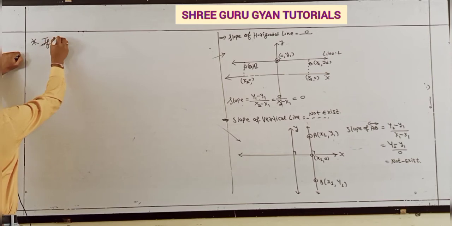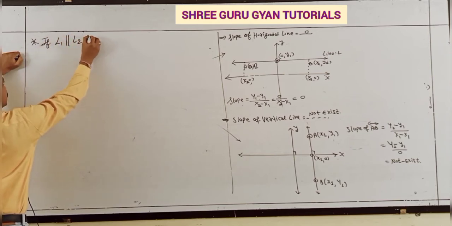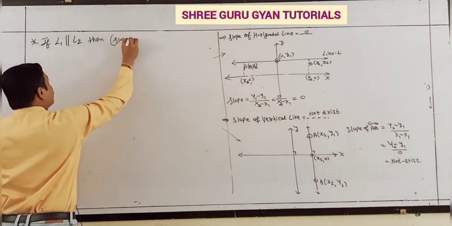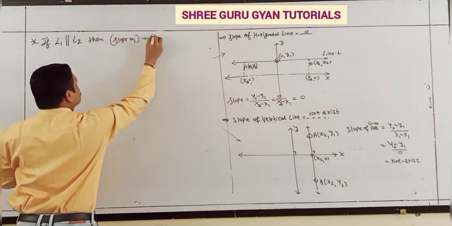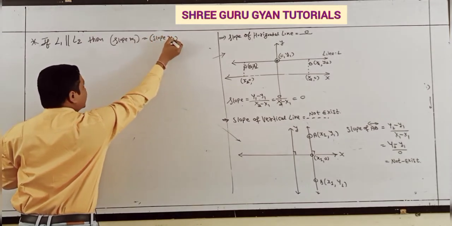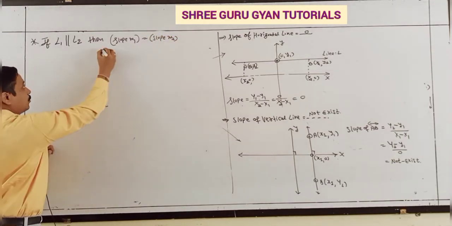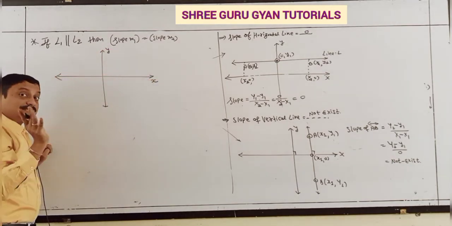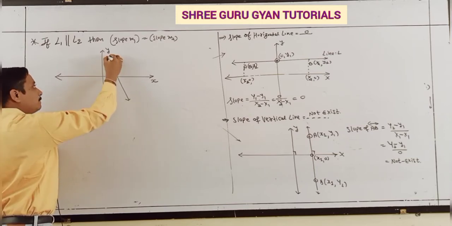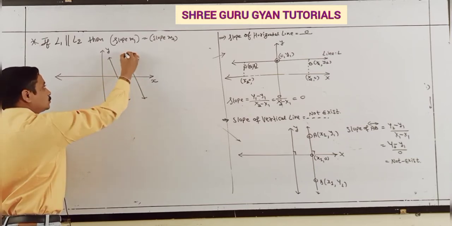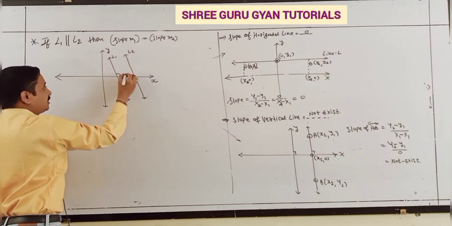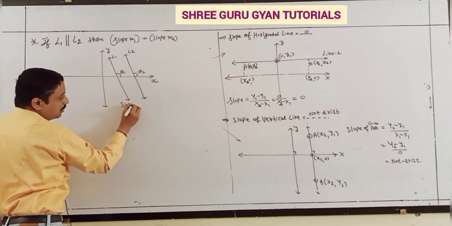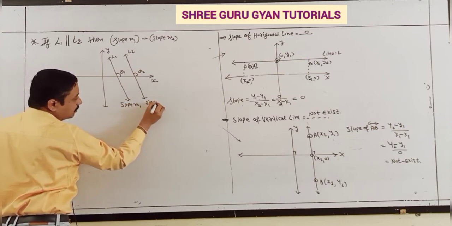If L1 is parallel to L2, then always remember that the slope of the first line is equal to the slope of the second line. That is your y-axis, that is your x-axis, and two lines are parallel, like this L1, this L2. If L1 and L2 are parallel, then definitely you can take the slope as the same. That is slope m1 and here slope m2.